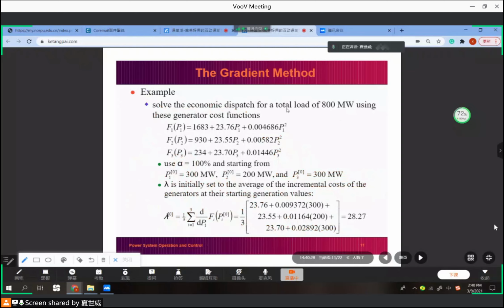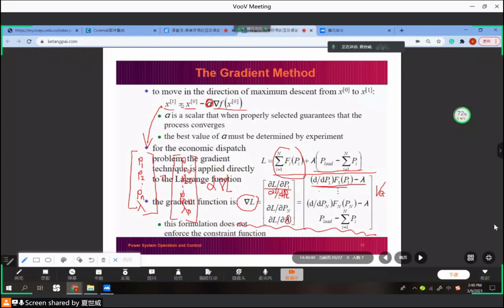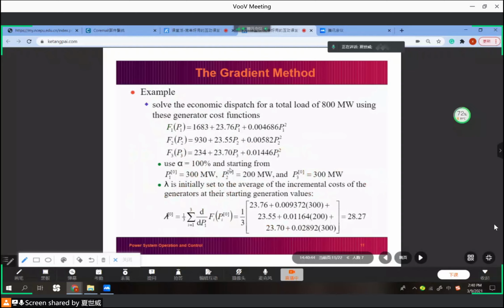And we also have a total load of 800 megawatt. And we set the constant, this scalar, just 1. First, we give the initial values for P1, P2, P3 equal to 300, 200, and 300.